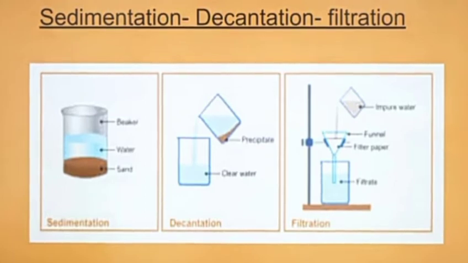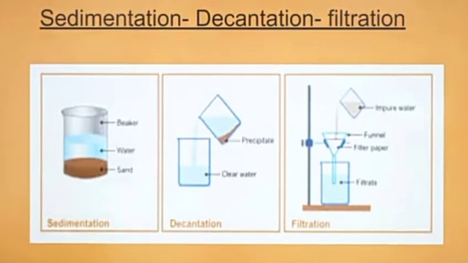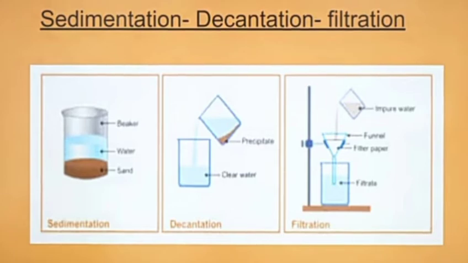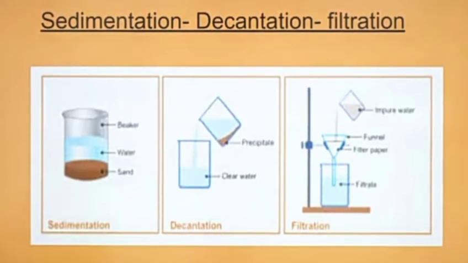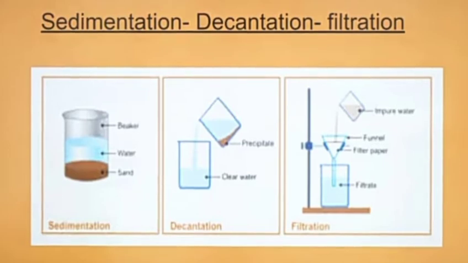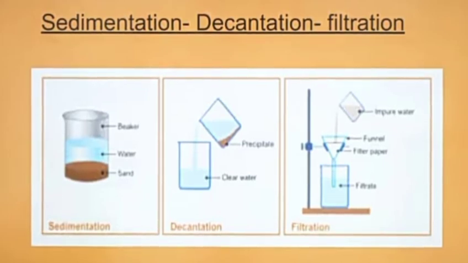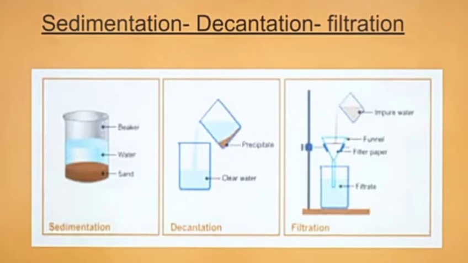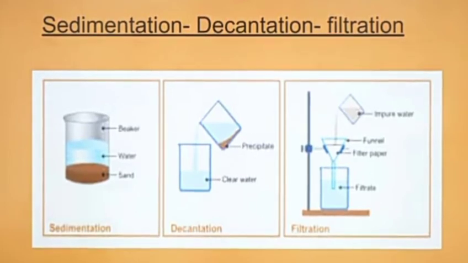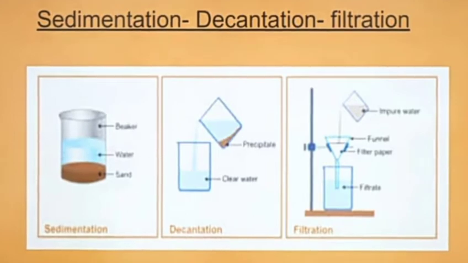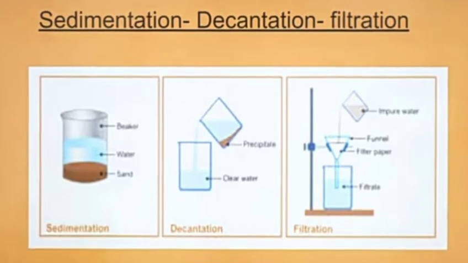We can separate them by simply tilting the beaker into another beaker and collecting the top water in the other beaker. Then we will have two beakers. In one we have the water separated and in the other beaker we have the sand.